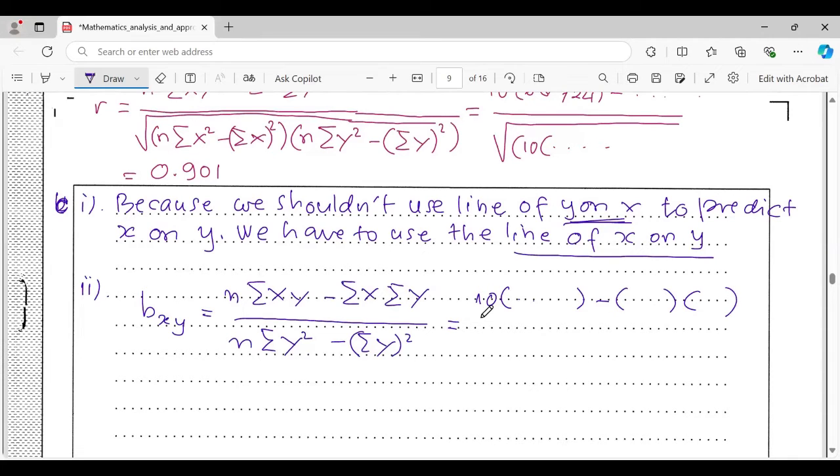You can substitute the number here. After that, 10 times the number here, sigma y squared minus the number here. And you can find the result is 0.98724.